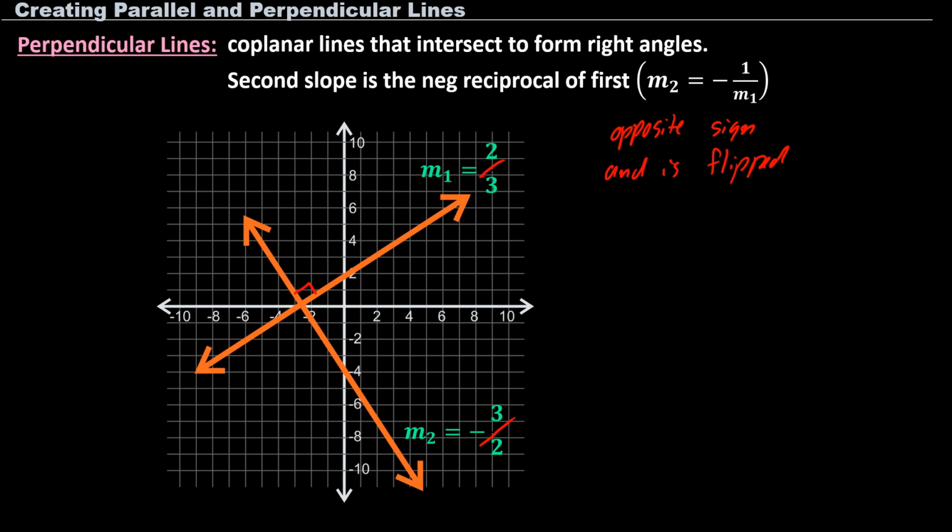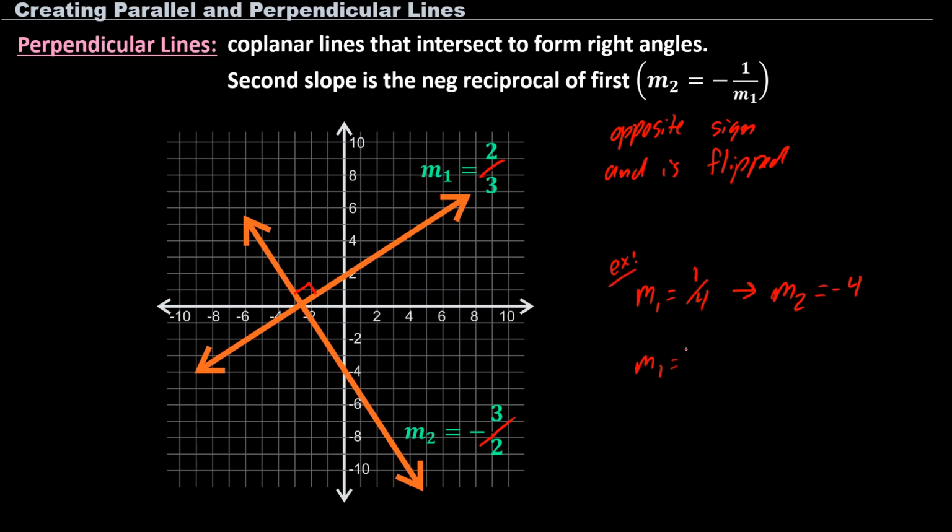One's 2/3, one's 3/2, one's positive, one is negative. If we look at some more examples, if m1 is 1/4, m2 we would flip, so 4/1, which is just 4, and because it's positive, this would be negative. Put examples right here.